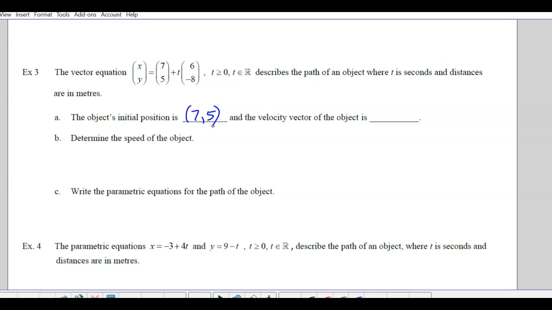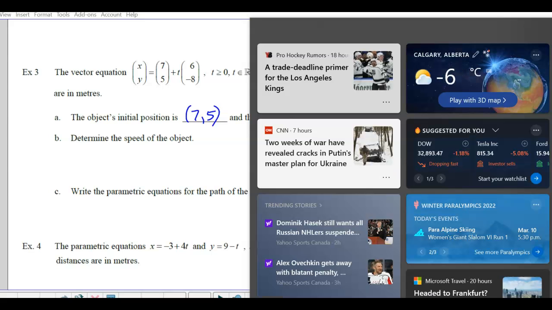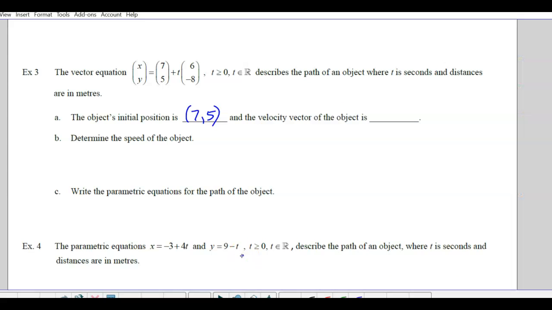Okay. And if that's a vector equation representing the path of an object, then the direction vector is your velocity vector. So calculate its magnitude to get the speed of the object.